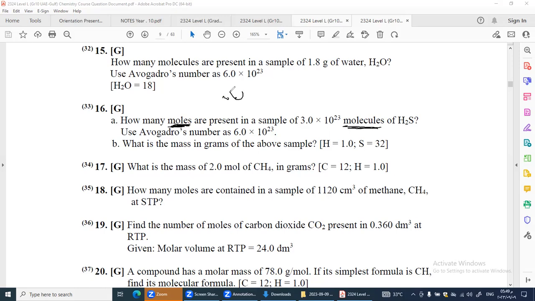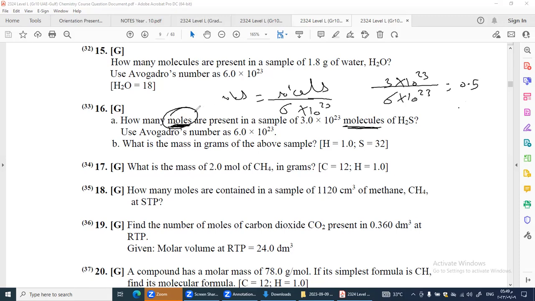Number of moles is equal to number of molecules over Avogadro's. 3 times 10 power 23 over 6 times 10 power 23 is equal to 0.5 moles. يعني انا بتكلم على units، يعني فوق هنا طلب molecules كتبنا molecules، هنا number of moles كتبنا بالمول.